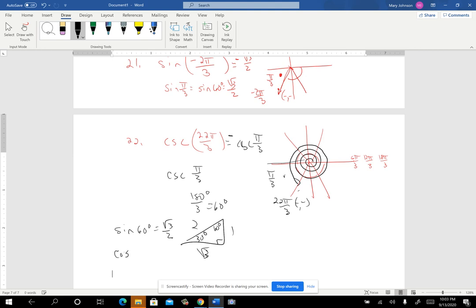So cosecant of 60 would be 2 over the square root of 3. And in that quadrant, I need to be negative, so it'd be negative 2 over the square root of 3, but I have to rationalize. I hope you followed this okay. I'm getting tired, so I'm kind of all over the place. So it should be negative 2 square root of 3 over 3.